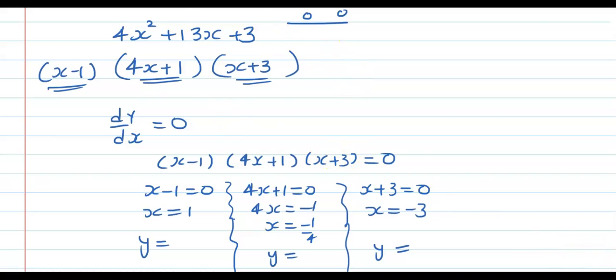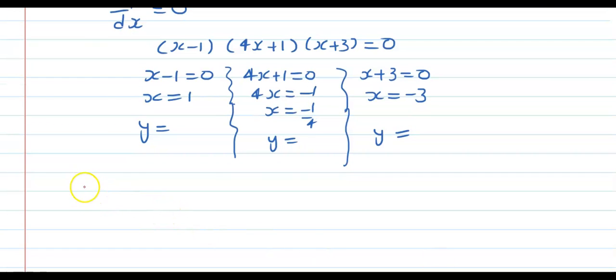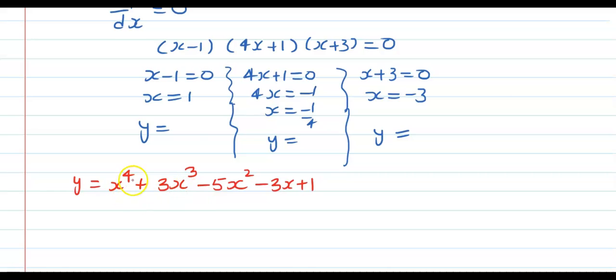So our equation was y equal to x to the power 4 plus 3x cube minus 5x square minus 3x plus 1. Okay, now you put x equal to 1.